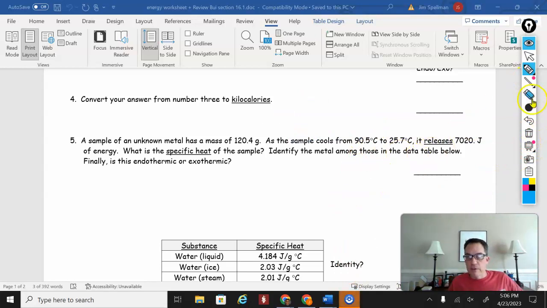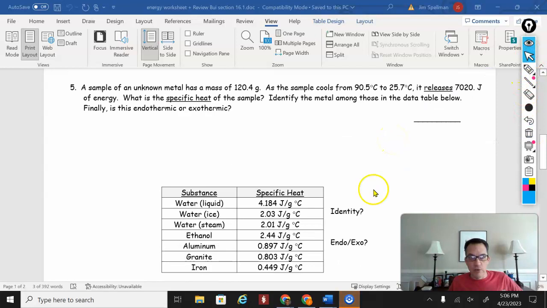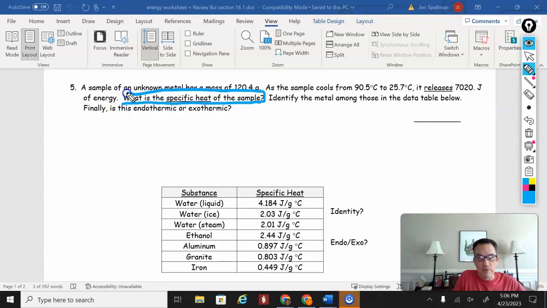Number 5, in this case, we have to solve things a little bit differently, but again, it's just kind of basic algebra, because in this case, we're actually looking to answer: what is the specific heat? So in this case, we're actually solving for C, right?